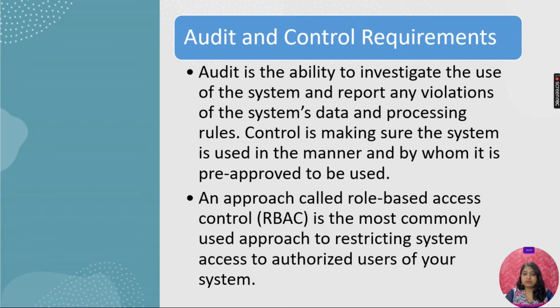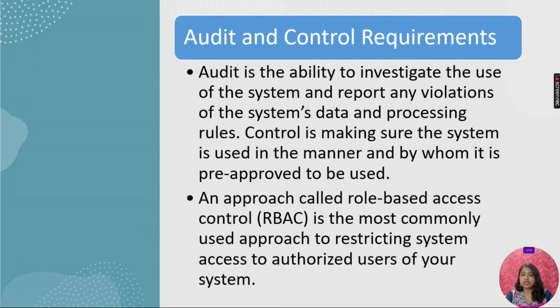It is mostly used as an approach which will restrict the system and allow only authorized users to access the system. So we can have an access matrix and we can have various rules. If a user is allowed to access a particular role, then it will be mentioned in the matrix.